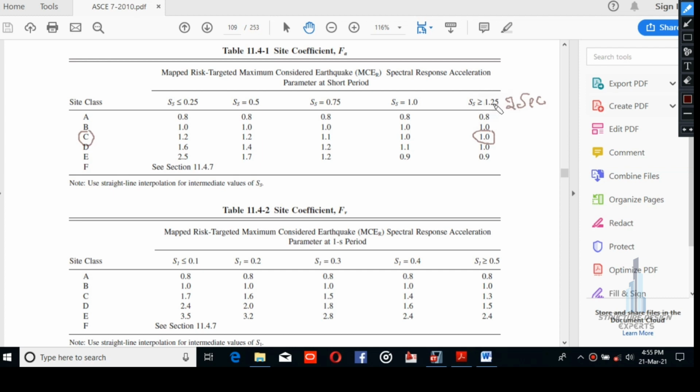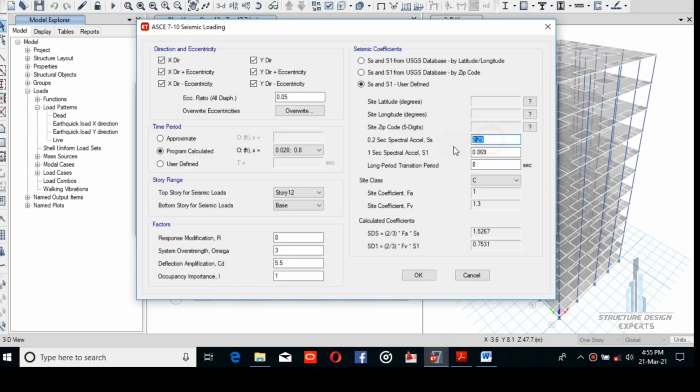So it is the site coefficient for the risk-targeted maximum considered earthquake spectral response acceleration parameter in the short period, and the second is the long period. So you can see here is the risk-targeted maximum parameter in 1 second. So in C, it is 1.3. So here we enter the value 1 and 1.3.